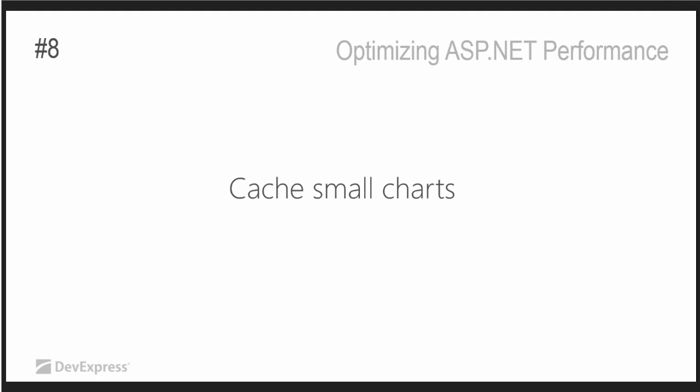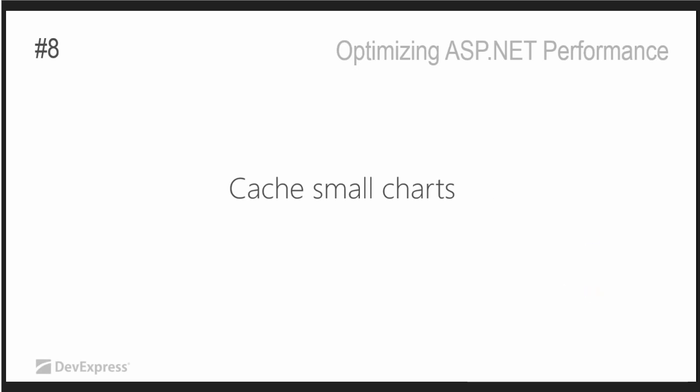So I'm going to cache a small chart, and actually we've done that in the Sales Viewer demo, and I'm going to show you what we have cached and how we have done that. And you can determine for your own applications if it is something that you can use as well.